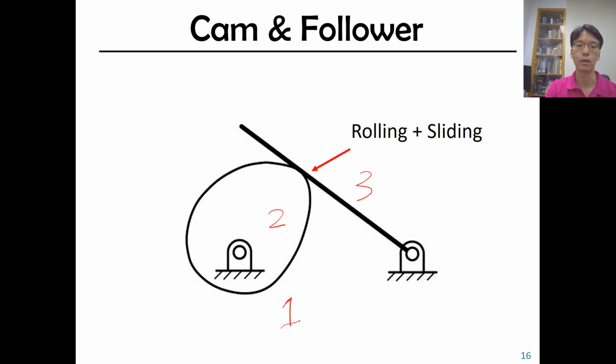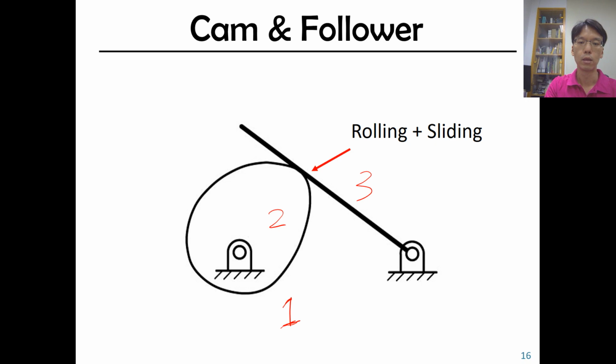So we assign number 1 to the grounded link. And we usually call the input link 2. It's not always the case, but most of the time we prefer to use them in this way.